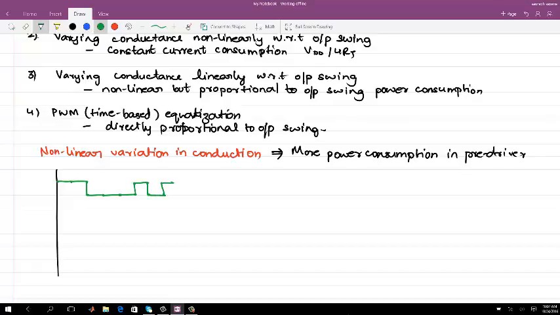Let's say this is the data D. If you are doing a voltage mode of equalization, let's say for the first bit, what should be the output?